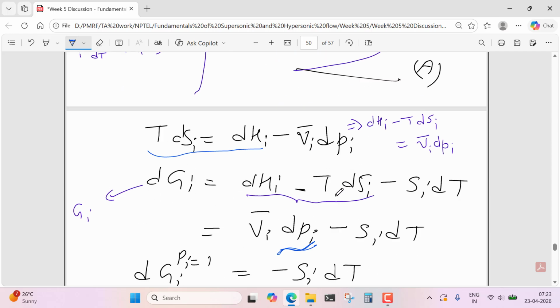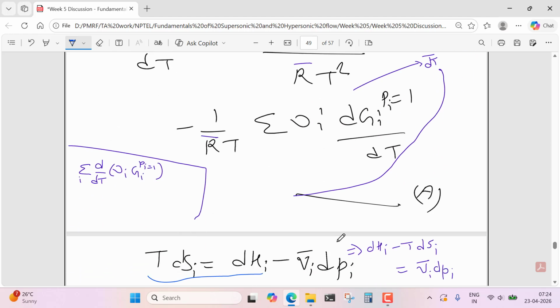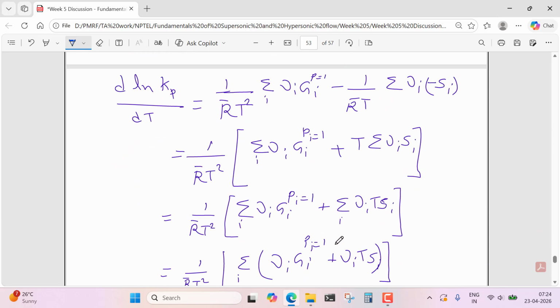If we put the value of this as minus Si, it will become d log Kp upon dT equal to 1 upon R bar T square sigma nu i Gi at Pi equal to 1 minus 1 upon R bar T sigma nu i minus Si.